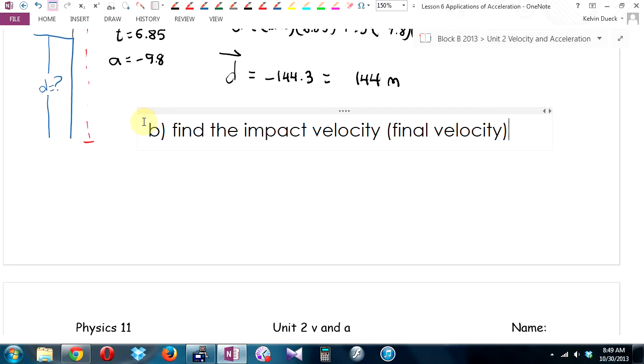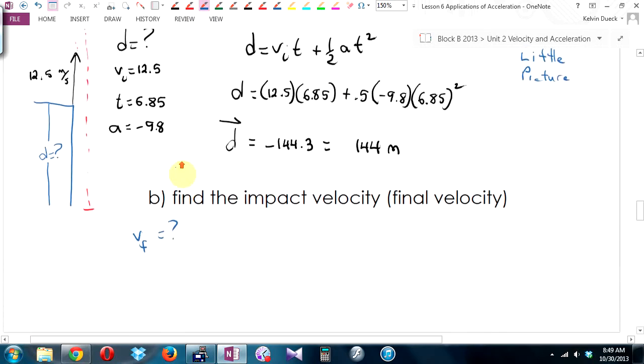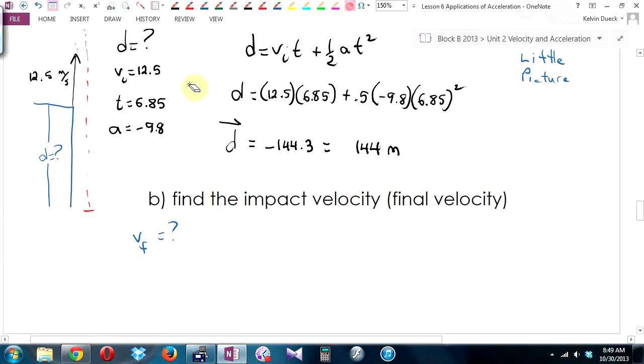Oh, okay. So I'm looking for an equation that has V initial, T, A, V final. It can have distance, but I'd prefer to avoid using distance if I can, because in case I got the displacement wrong, then I'm going to get the V final wrong, so I'll avoid that if I can.